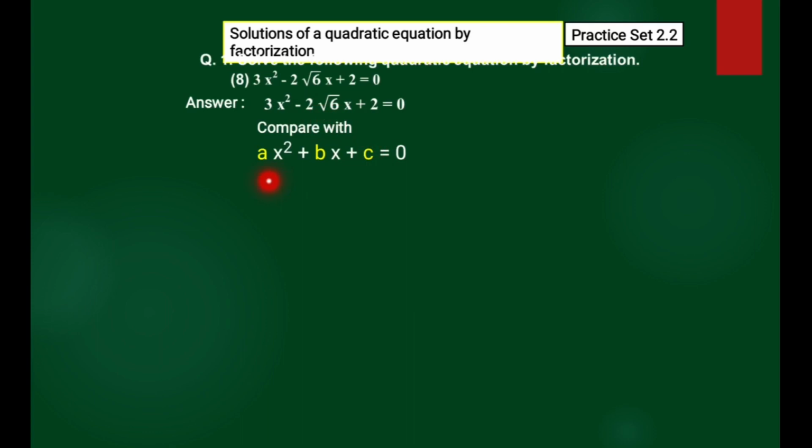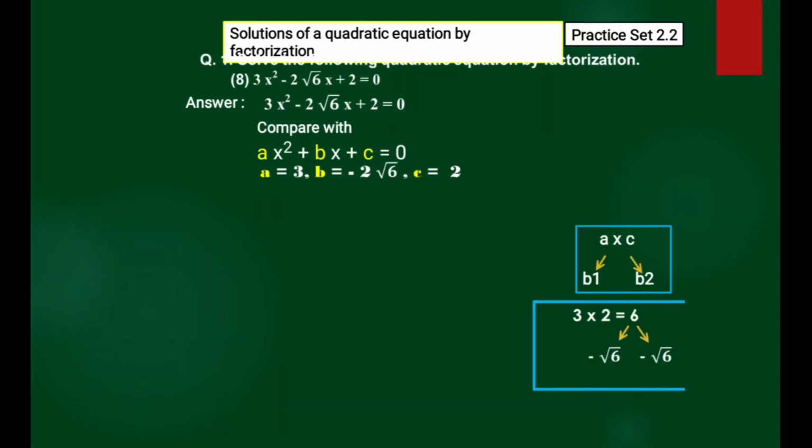After multiplying a into c, that means 3 into 2, we get 6. So we have to split up that 6 so as to get its sum as minus 2 root 6. Here the value of a is 3, the value of c is 2, so 3 into 2 is 6. We require factors giving minus 2 times root 6.